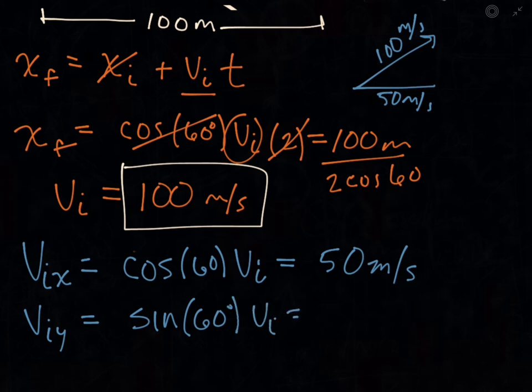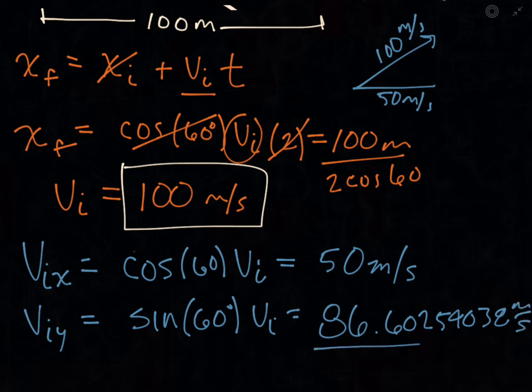And again, the sine of 60 times 100 is going to be something a little less nice. It's actually 86.60254038 meters per second.